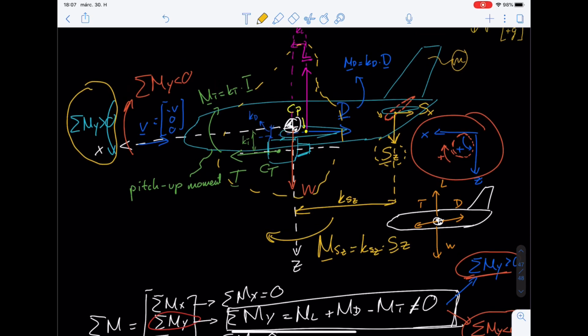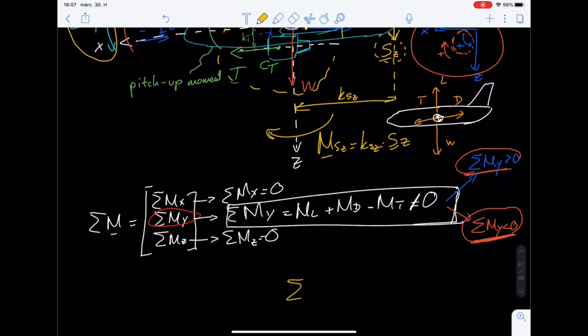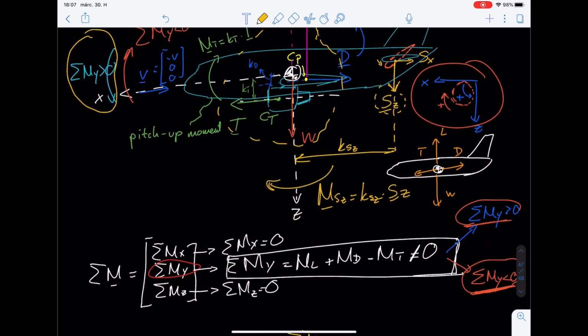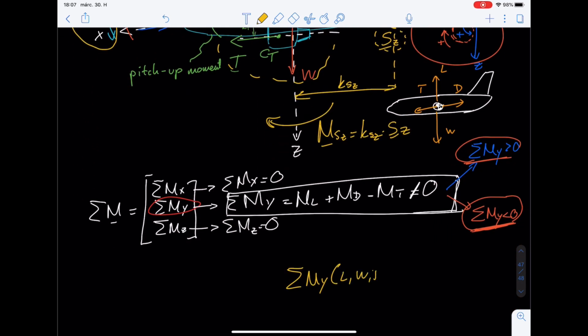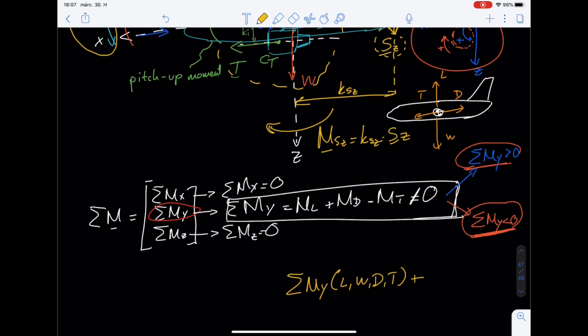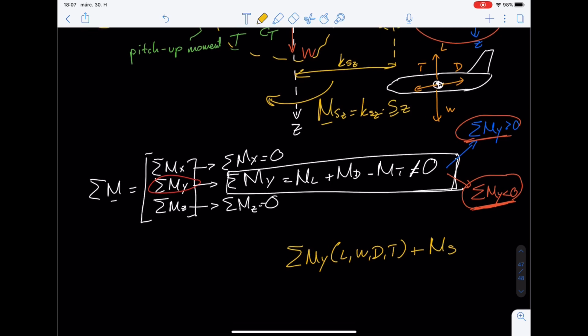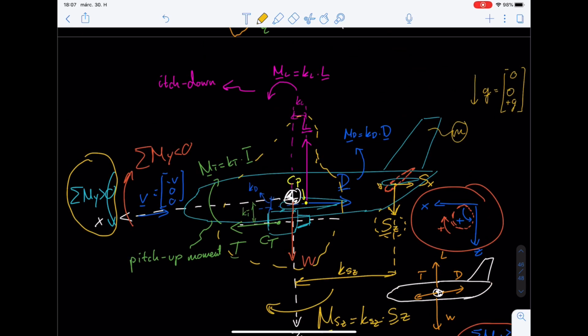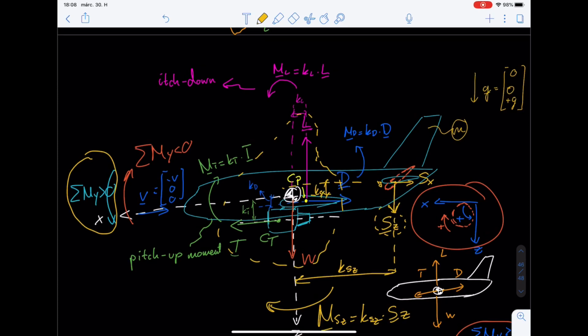If you correct just enough, in that case, you can generate the sum of the moments around the y-axis, from the lift, weight, drag, and the thrust, plus the moment from the stabilizer in the z direction, and also, since it's also higher than the center of gravity, you're also going to get a moment from the drag, or the longitudinal component of the stabilizer force, which is a drag basically, on the KSX arm, which would result again in a pitch up moment.